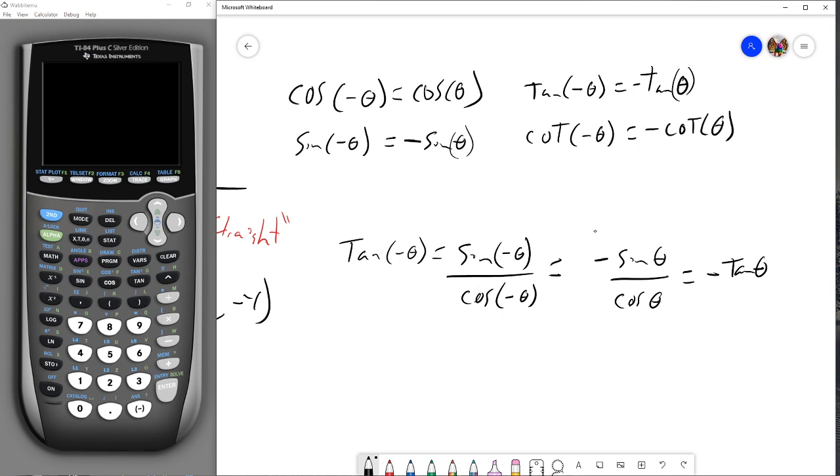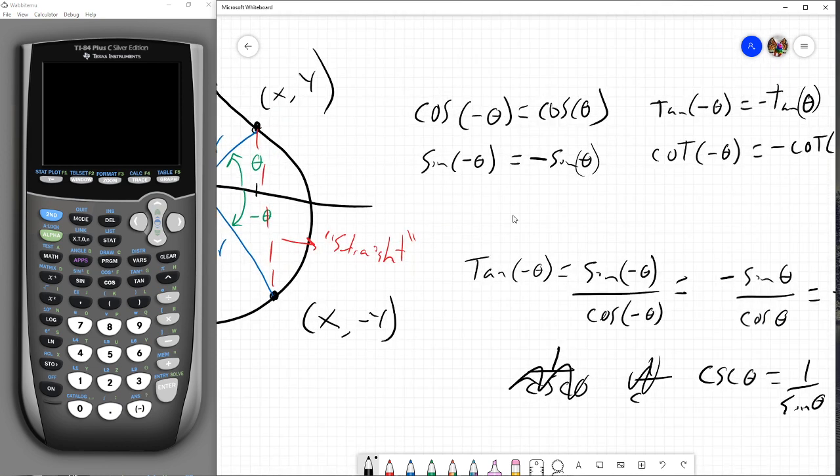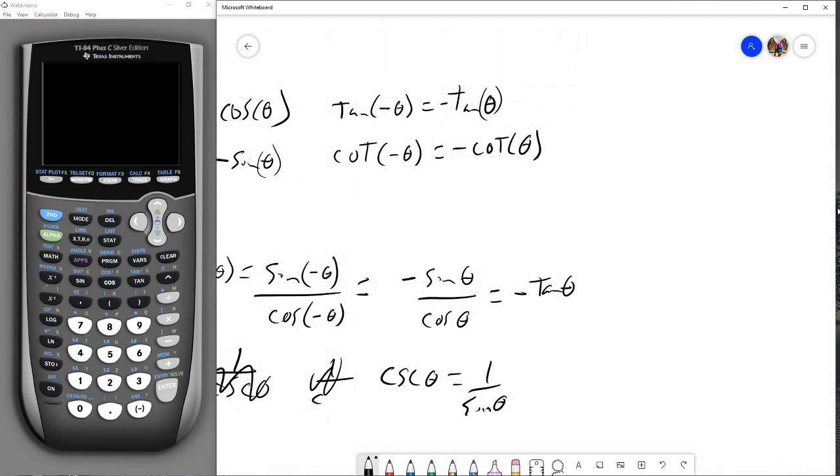That's convenient. Now, when we think about cosecant, cosecant we said is 1 over sine theta. So when we consider a negative angle being plugged into cosecant, it's going to be 1 over sine theta, so it's also going to be negative. So cosecant of negative theta, we should probably make that a little better.